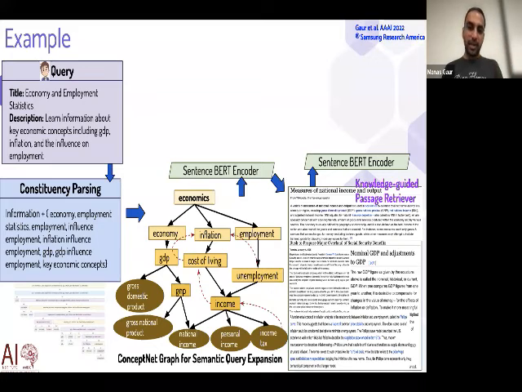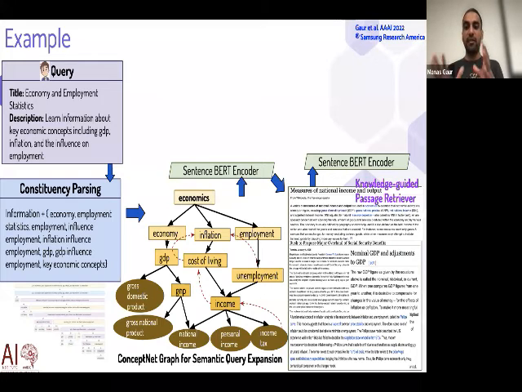The triples you get are subject, predicate, and object, which are the core of any sentence. So you can use a sentence BERT encoder to generate an encoded representation of a triple, and you use this representation to query and retrieve passages from Wikipedia.